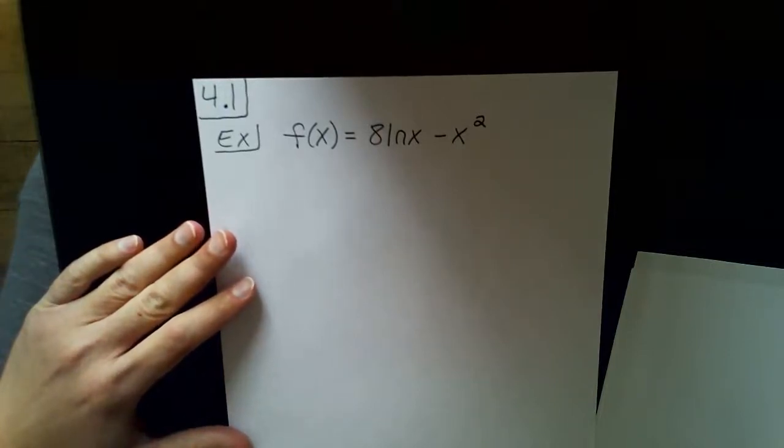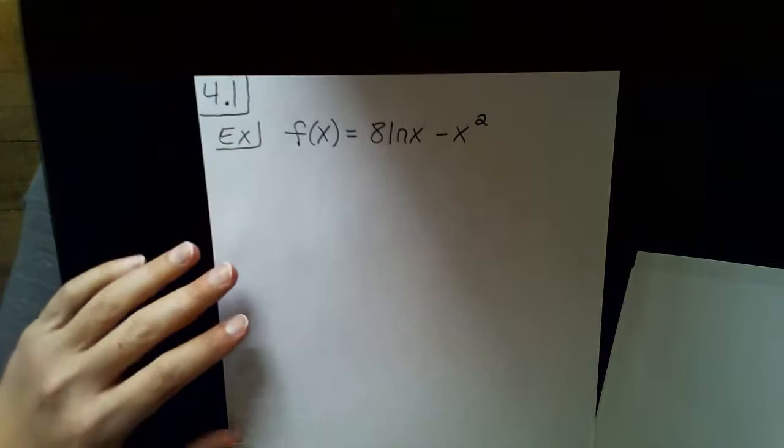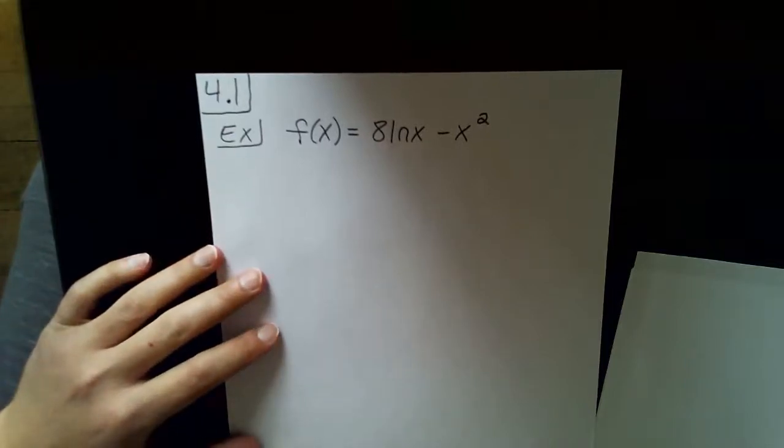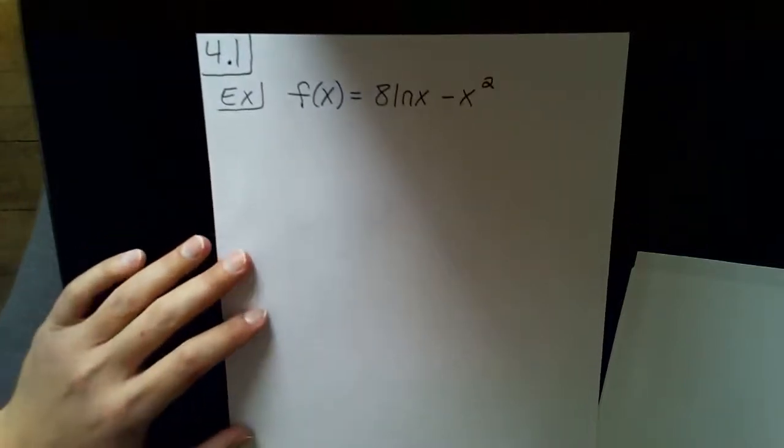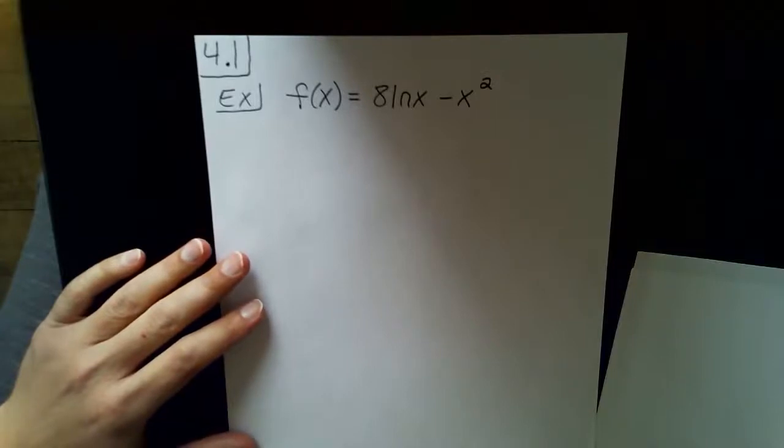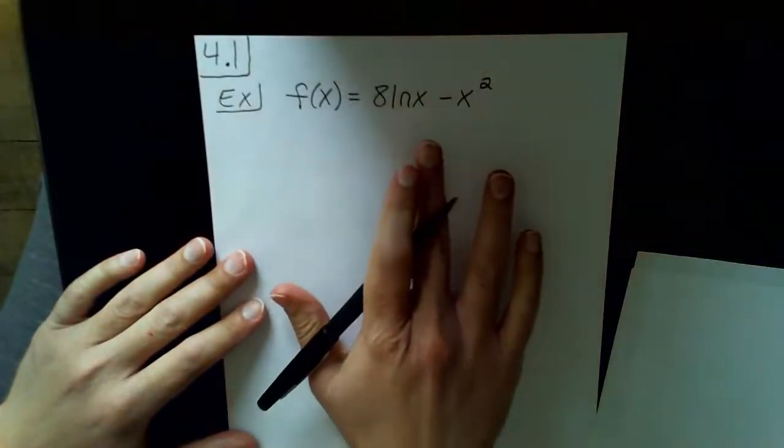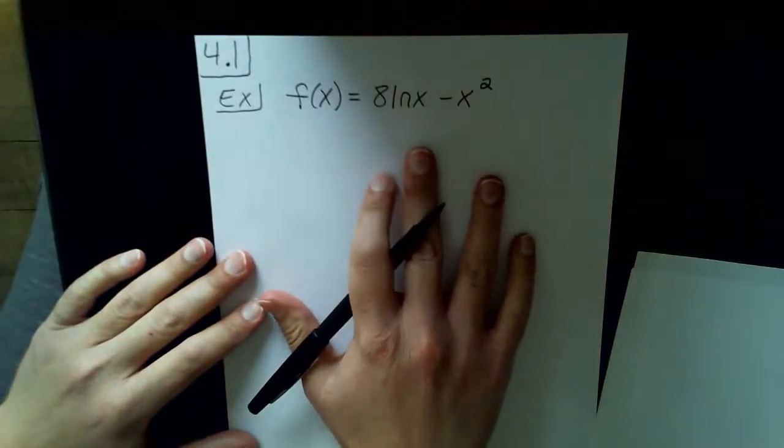And with this, we want to find the critical numbers. So to find the critical numbers, actually, I'm going to give you just a moment to pause the video to try this out on your own.